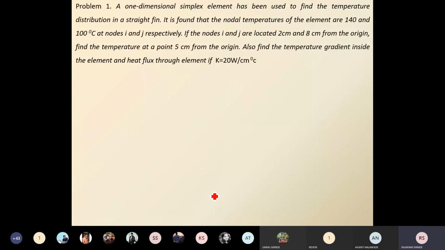If the nodes I and J are located at 2 cm and 8 cm from the origin, find the temperature at 0.5 cm from the origin. Also find the temperature gradient inside the element and heat flux through the element if K is equal to 20 watt per centimeter degree centigrade.